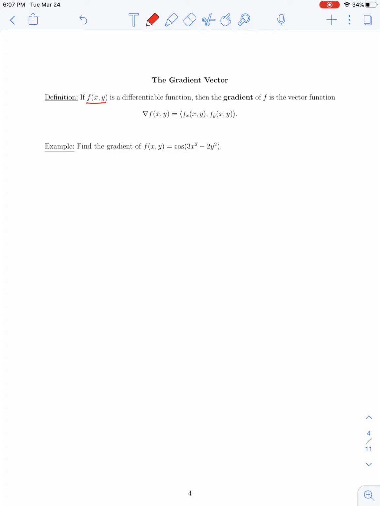In the case that we have a function of two variables, x and y, which is differentiable, we would define the gradient of that function as the vector function whose notation is the following. So the gradient vector is denoted by using this little upside down triangle. Sometimes this symbol is called nabla, or sometimes del, people will say.